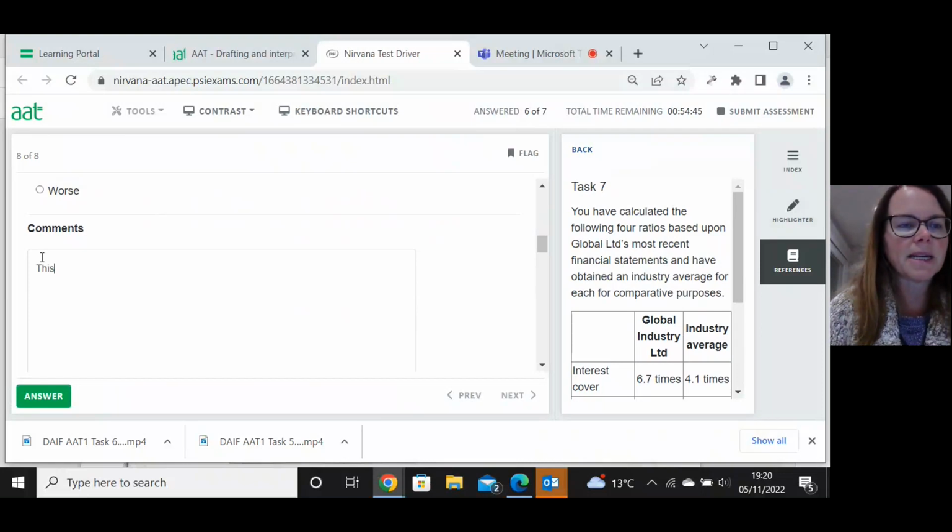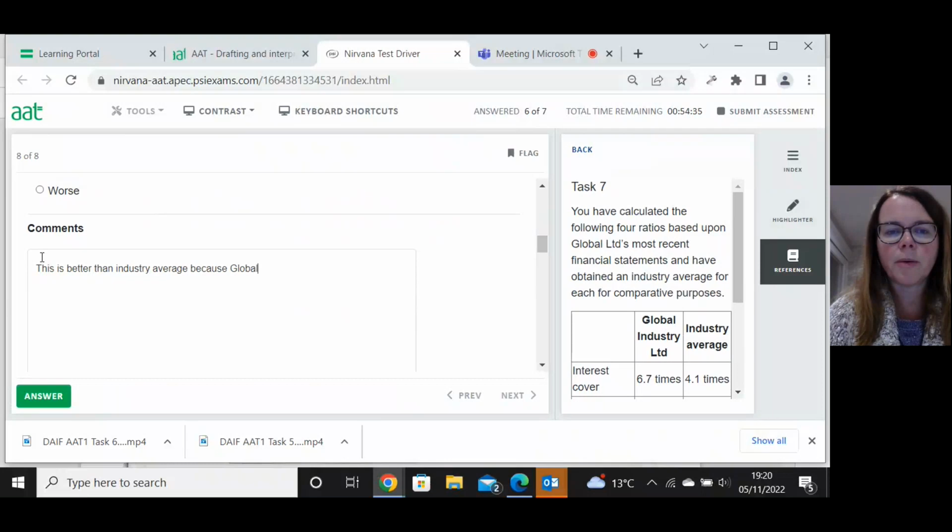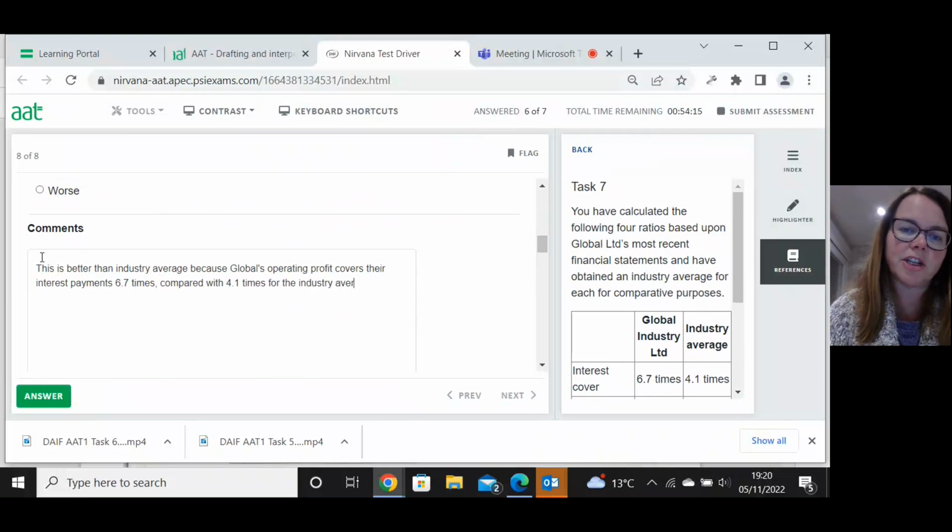So I would start by saying this is better than industry average because Global's operating profit covers their interest payments 6.7 times compared with 4.1 times for the industry average.